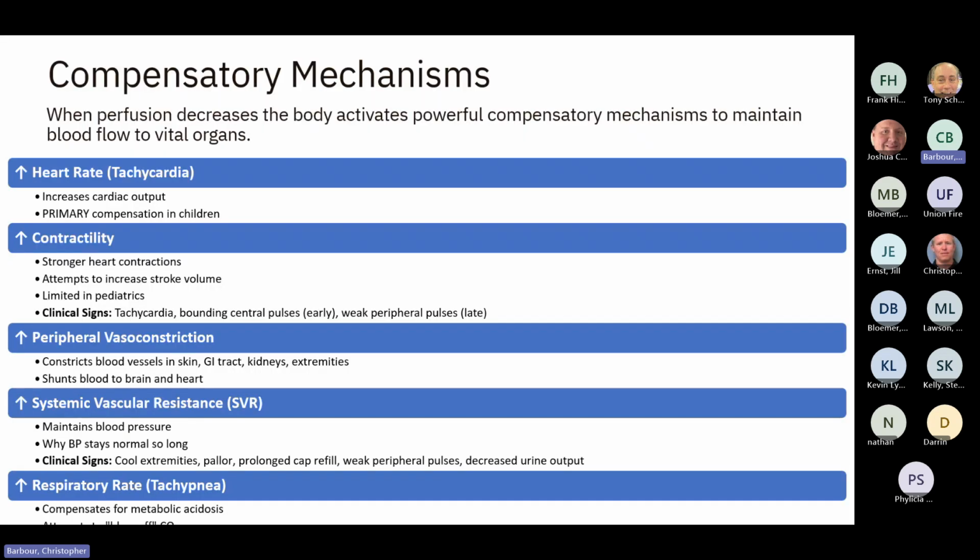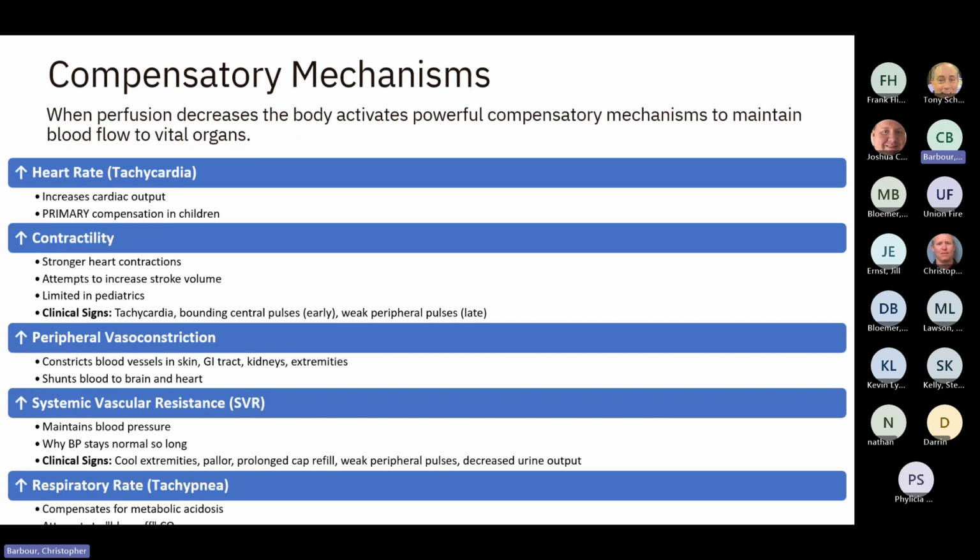So here's some of the compensatory mechanisms that we look for the patients to be doing to maintain their blood pressure. And this is going to be for a healthy patient. So our heart rate is going to kick up. The baroreceptors in the carotid artery and the aortic arch detect the falling blood pressure, and they start to constrict.